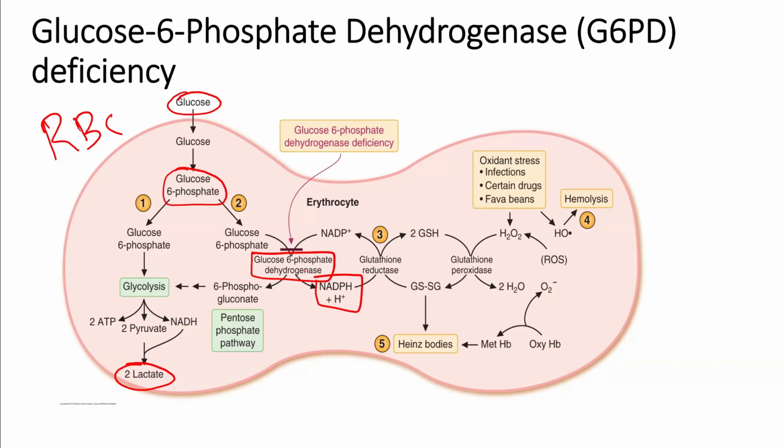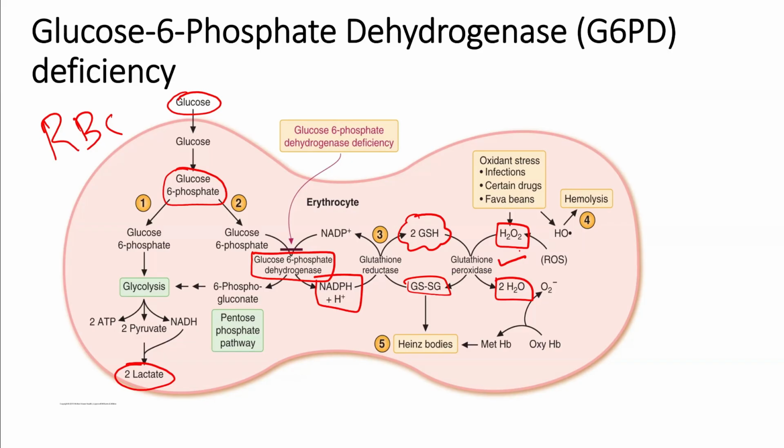That NADPH is used to convert GSSG into GSH, done by glutathione reductase. That GSH, now available, will neutralize hydrogen peroxide into water, done by glutathione peroxidase. That's how you neutralize hydrogen peroxide, which is a reactive oxygen species. That is what is shown here.